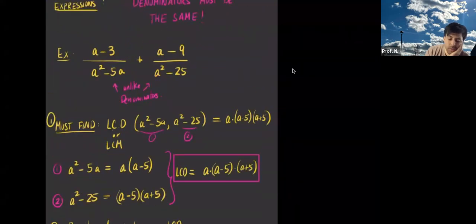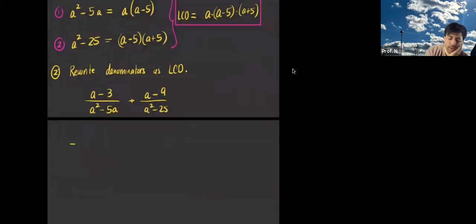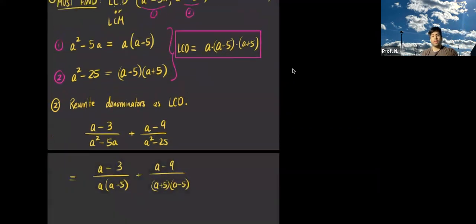We're adding this to a minus 9 over a squared minus 25. And now what we did was break it down by factoring it first. So a minus 3 all over a times a minus 5, plus a minus 9 all over a plus 5, a minus 5.